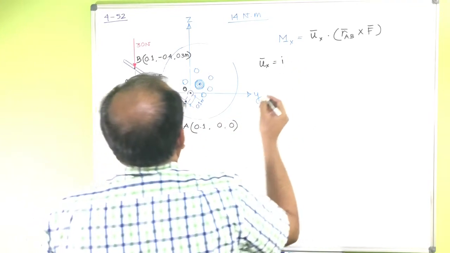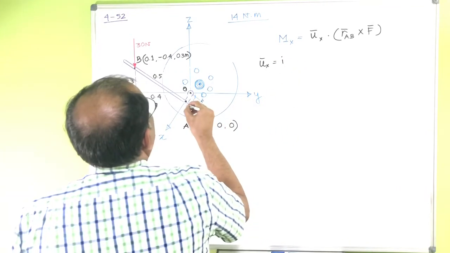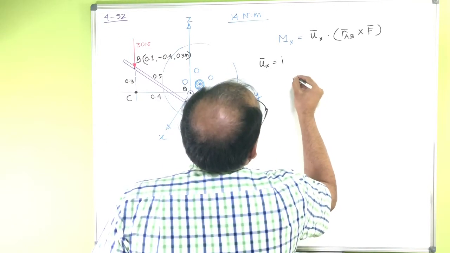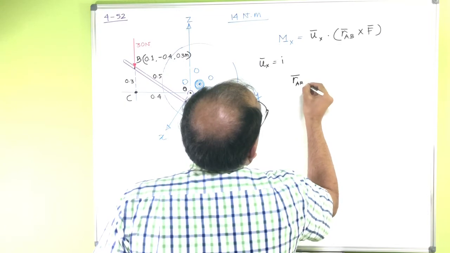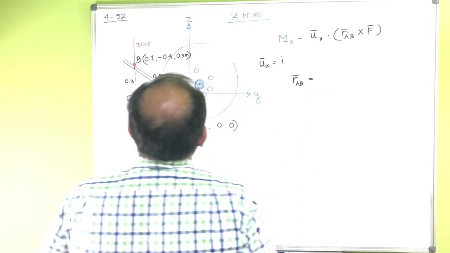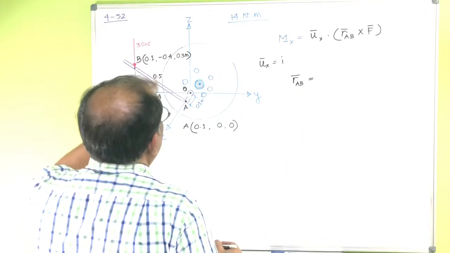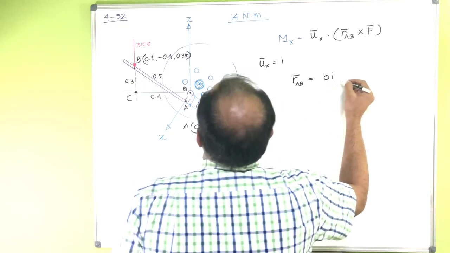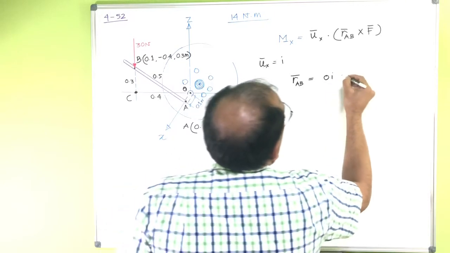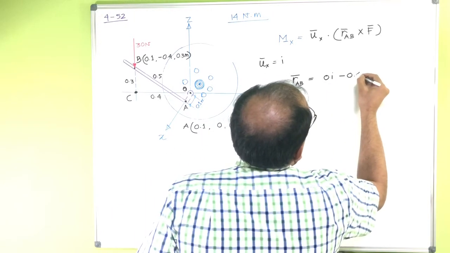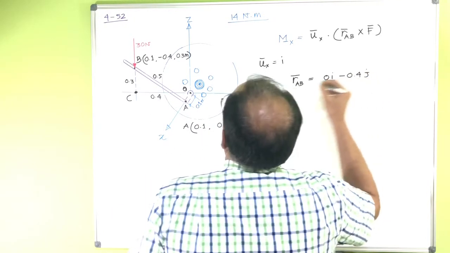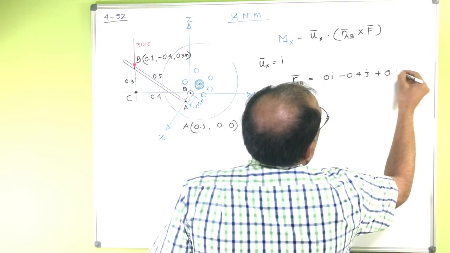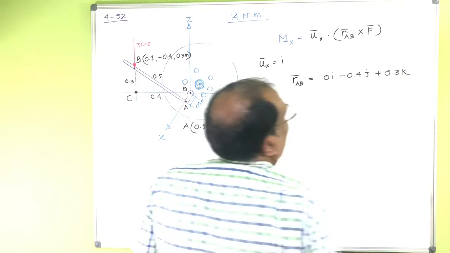This is the position vector from A to B. A to B means B minus A, so 0 i, then minus 0.4 j, and 0.3 k.